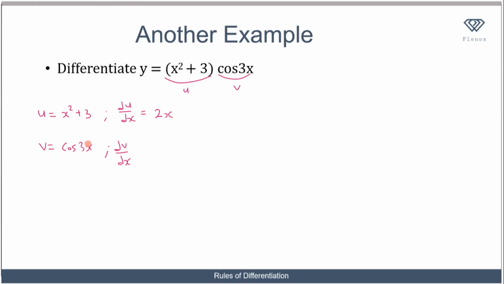So normally what you do is differentiate this term here. When I differentiate 3x, I have 3, and you multiply it by the differential of cos x, which is minus sin x. So this becomes minus sin 3x, and that becomes minus 3 sin 3x.